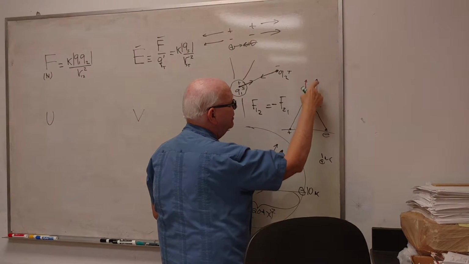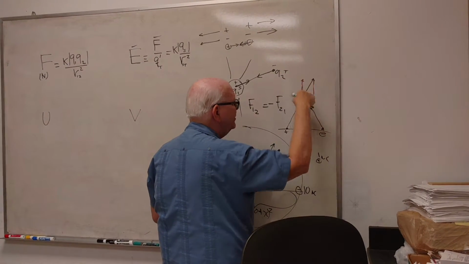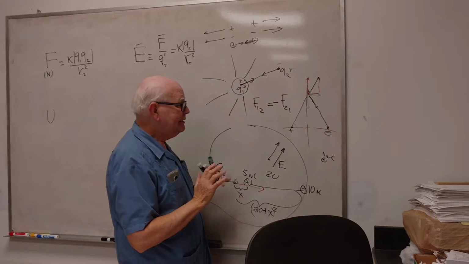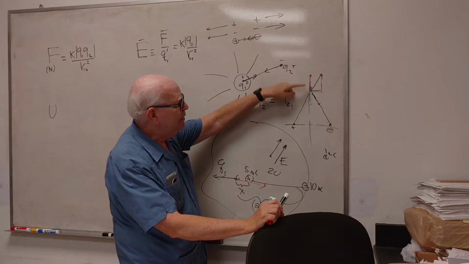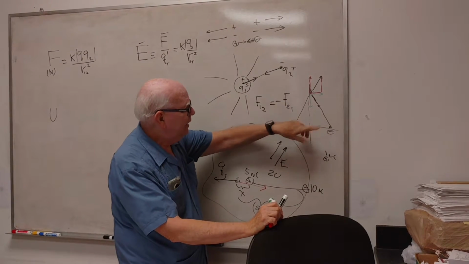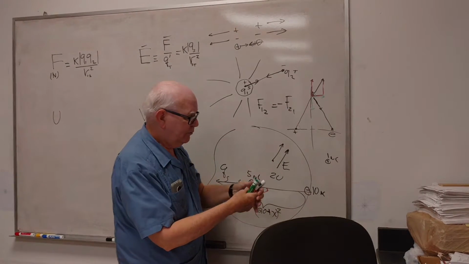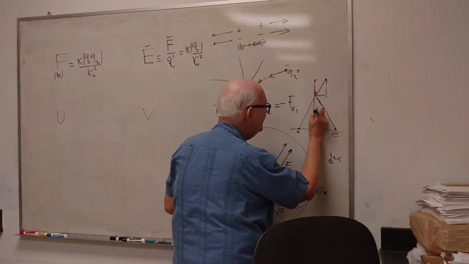This will be this by the cosine of the angle. This will be this by the sine of the angle. And you notice there's something that is nice. Normally by symmetry. But in this case, this is equal to that. Because if these are equal, and the angles are equal, this is an isosceles triangle, this vector, which I didn't draw correctly, are going to be equal. So the y components cancel.